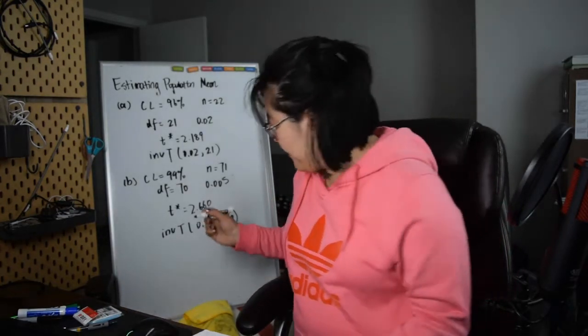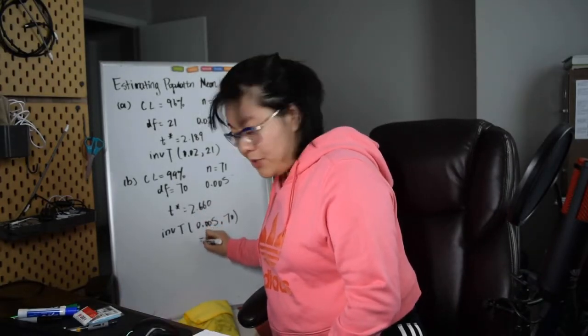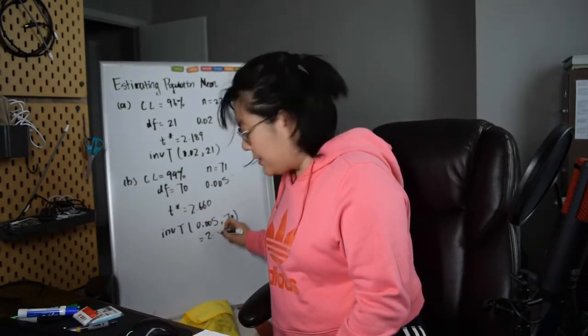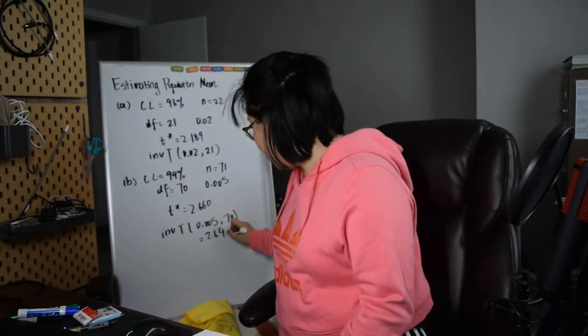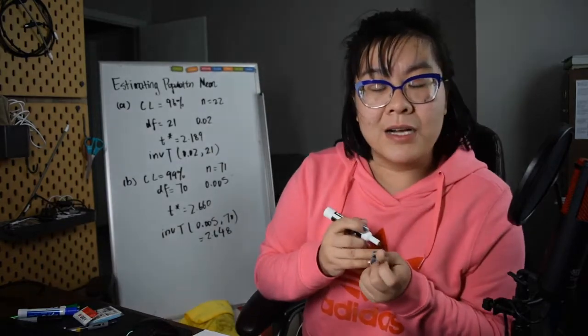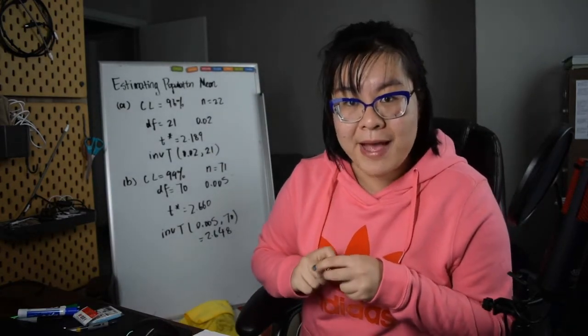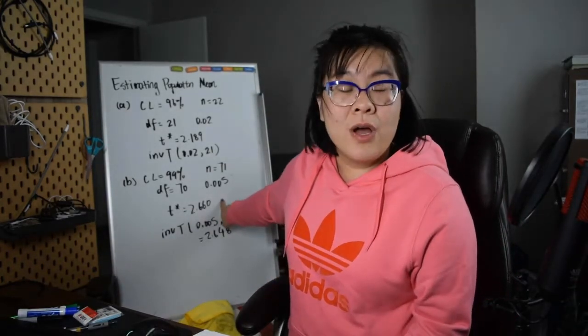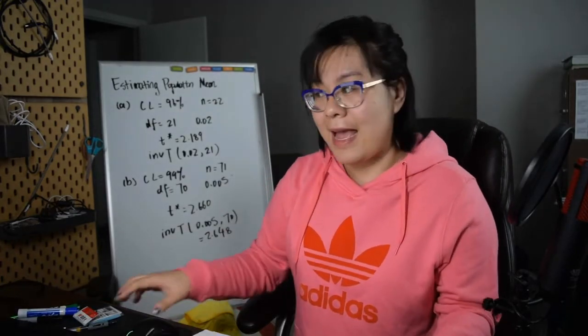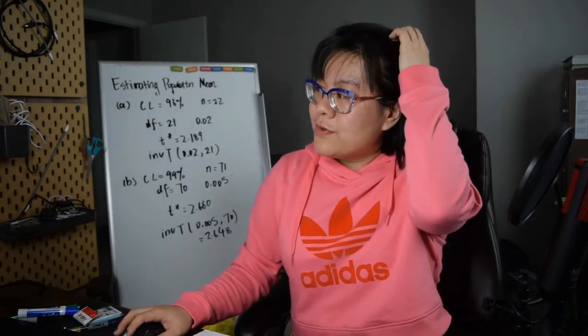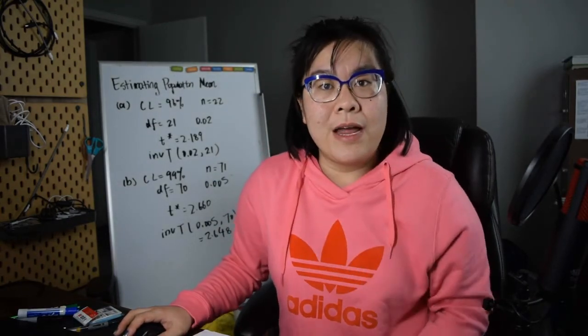You have 2.648. Again, very close to each other, but they are not the same answer, since over here in the table the degree of freedom we use is 60 instead of 70. Okay, so over here is how to find the critical value of t.